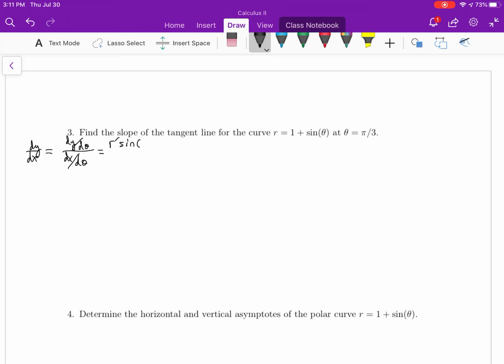So r prime sine plus r cosine of theta, and on the bottom r prime cosine minus r sine theta.